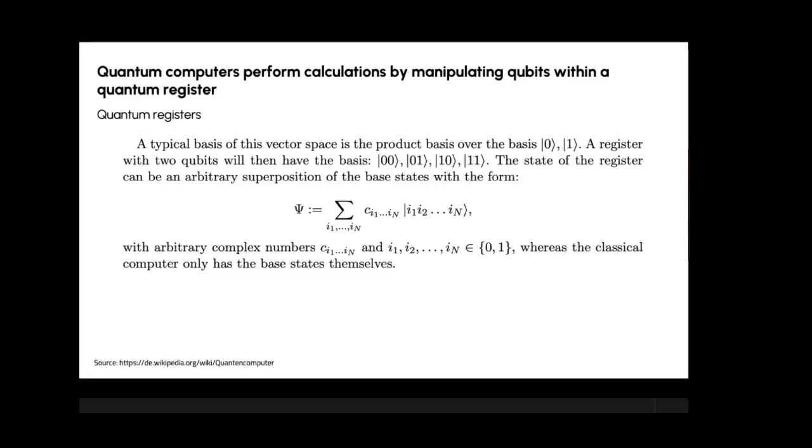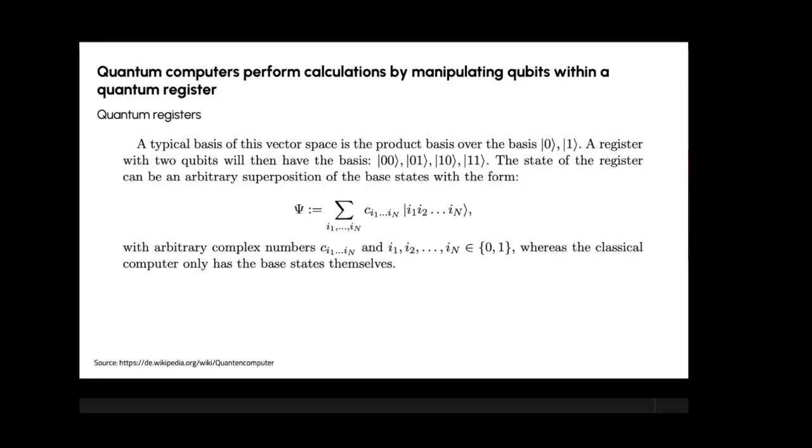But before that, here's a register of 2 qubits. It has the basis 00, 01, 10, and 11. And the wave that is occurring in this space is basically the sum of those different basis states, each multiplied by a complex number.